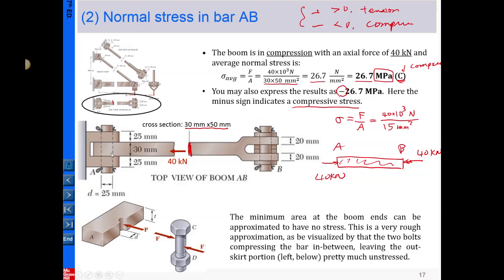The two pins try to compress this portion here. So it's estimated that the corner block here has no stress. That is what this paragraph is saying. But this is a very rough engineering approximation. It's not so critical. If you don't get it, it's okay.